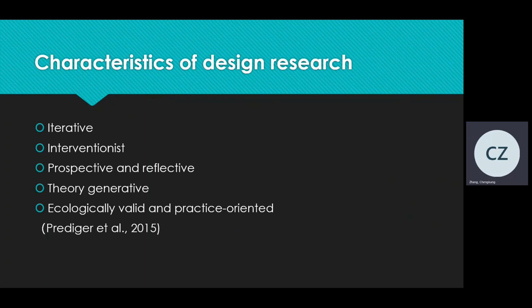It's also prospective and reflective. As Becker described, design research says what should be or what could be, rather than researching what currently is or what was. So this research is forward-looking rather than looking at the past. It's not only reflective, but also prospective.